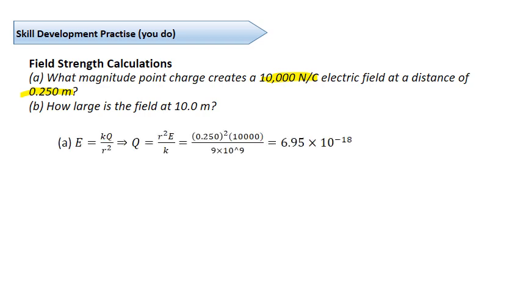First thing we need to do is we're given our formula E equals KQ divided by R squared.